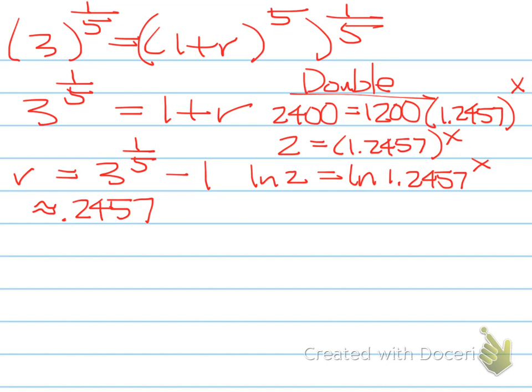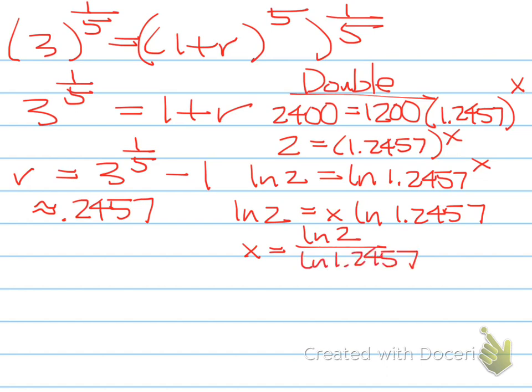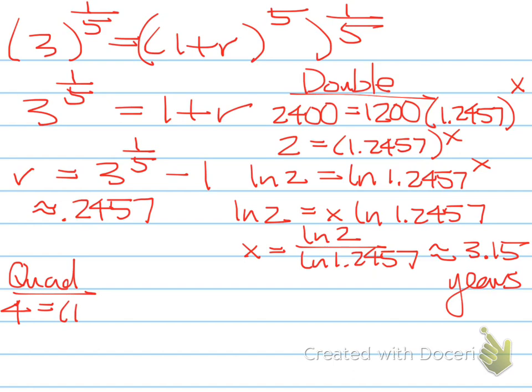Bring the x down to the front of the logarithm, and then divide both sides by the natural log of 1.2457. And when we approximate that value, the natural log of 2 divided by the natural log of 1.2457 is approximately 3.15 years.